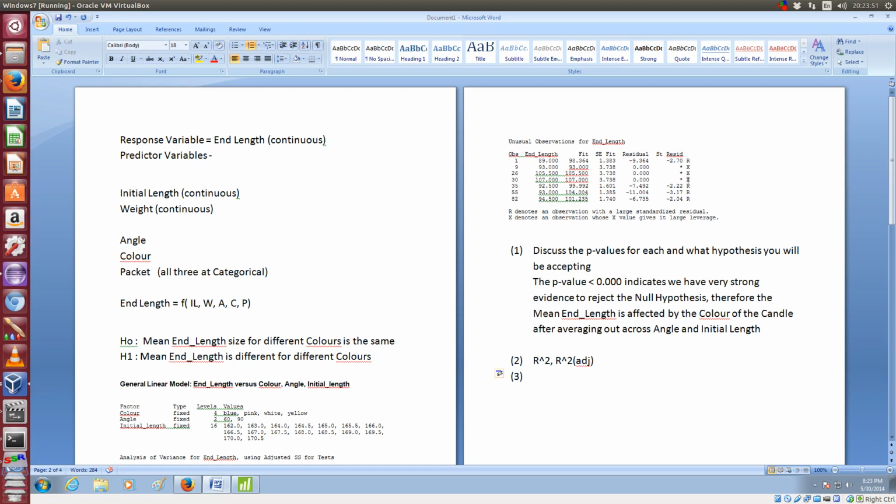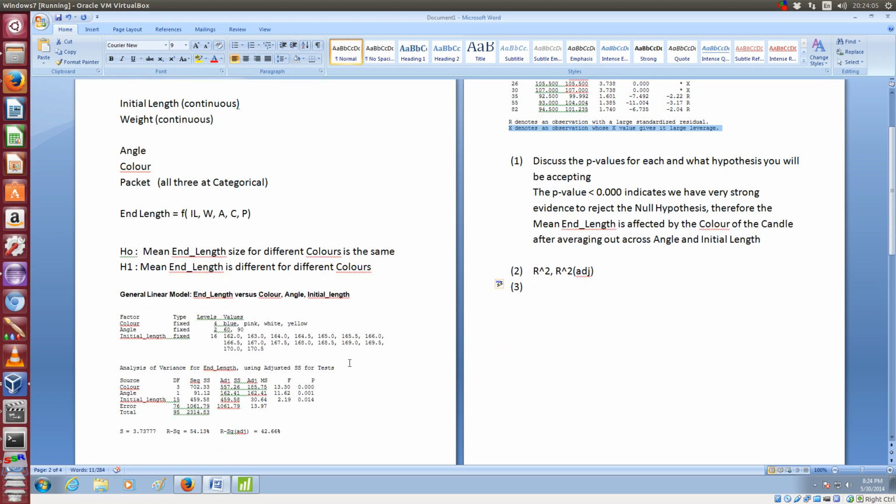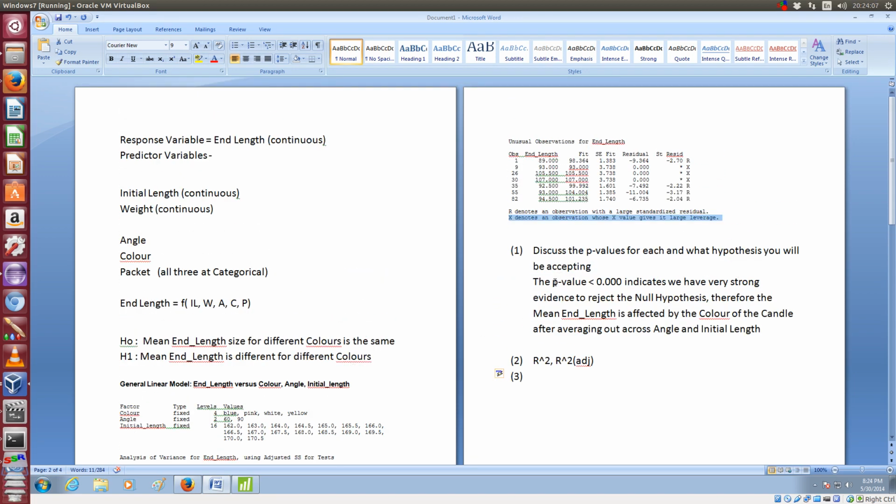We also have a couple of these X values. Now these X values, as it says here, denote an observation whose X value gives it a large leverage. So these are values which are having a pretty significant impact on the results that we're getting. They flag them as being possible, well, they just call them X values.